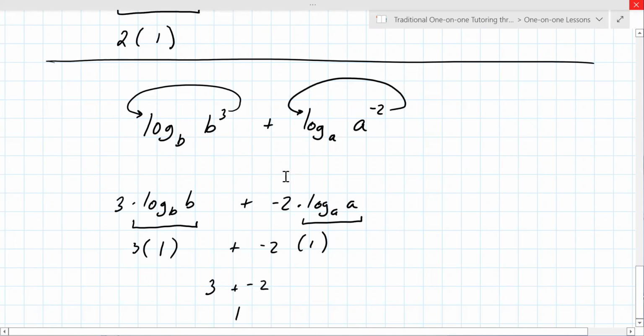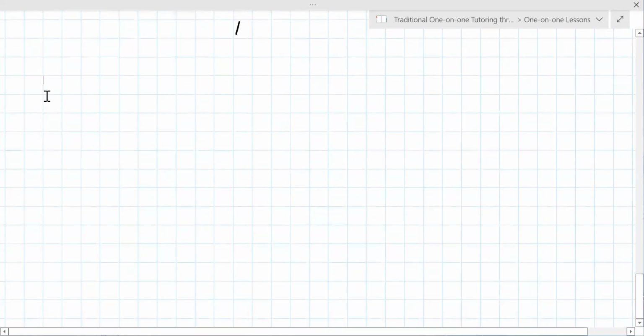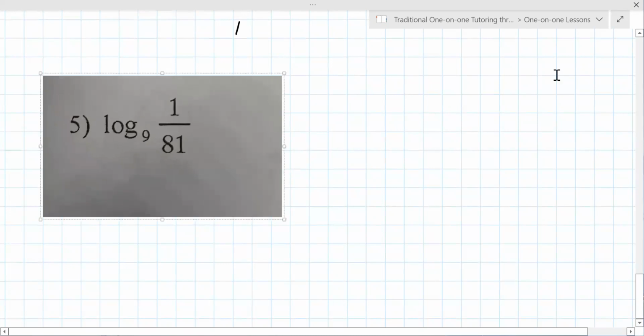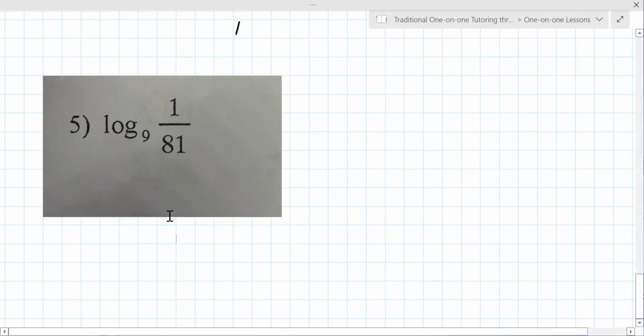Okay, great. Let's go do a slightly more difficult problem that you will see on a test or quiz. So I'm going to go grab number 5. This is one of those where you have to remember some of your exponent rules, which are different than the logarithmic rules.